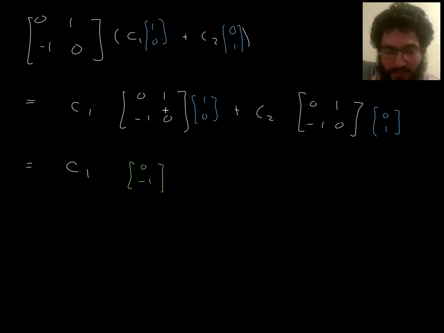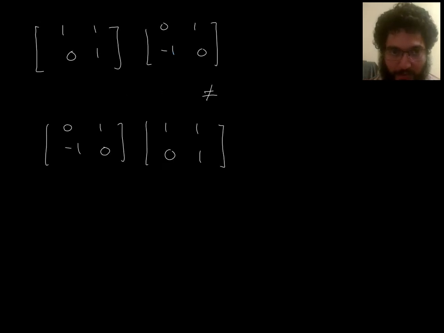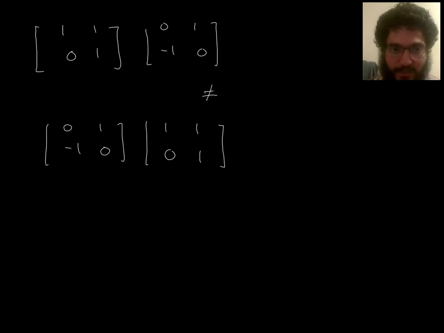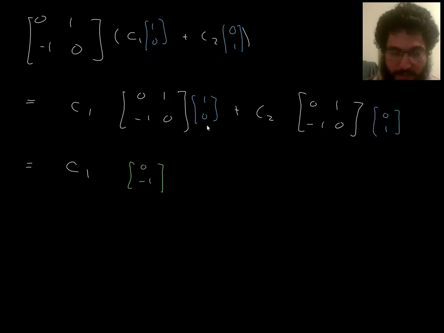If you do it, you should get 0, minus 1. You don't have to do any fancy calculation there. Just remember that when you're doing a matrix on vectors, you just take a linear combination of the columns, and you're drawing your coefficients from the vector that's being acted on. So over here, 1, 0, you take a linear combination of these two columns, 1 times this plus 0 times that. So you just get this, 0, negative 1, plus C2 times, and then this on this, so 0 times the first column plus 1 times the second column.